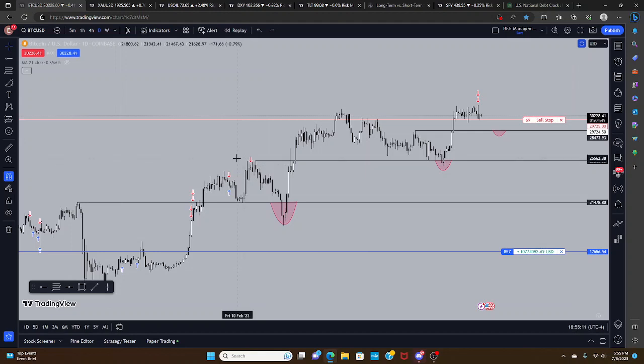Anytime you see a filling of this inefficiency back into old highs, you want to see price react quickly and aggressively off that level if the uptrend is to be looked at as a strong uptrend. You see that here, right? It violates it pretty significantly by a couple thousand here, but then reacts dramatically off that.